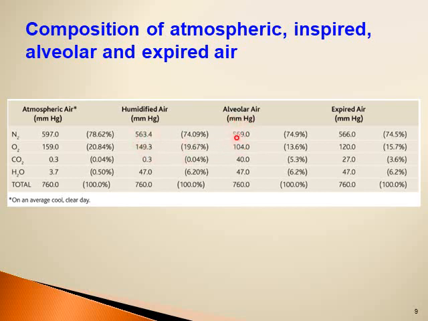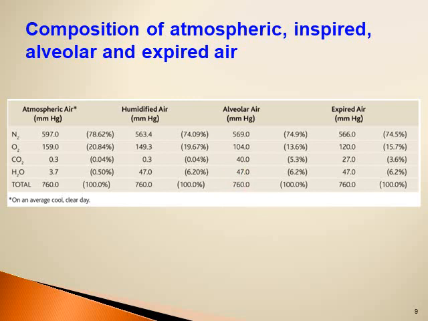Due to the movement of oxygen from the air in the alveoli into the blood, the percentage of oxygen will drop to 13.6 versus 19.7. And as carbon dioxide leaves the blood and enters the alveoli, the percentage of carbon dioxide in the alveolar air will increase to 5.3 compared to the 0.04% in the inhaled air. The percentage of water vapor will not change, and finally we have the total pressure of the gas in the alveoli at 760 millimeter mercury.